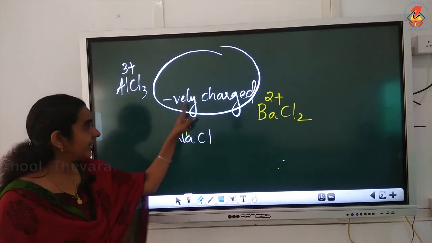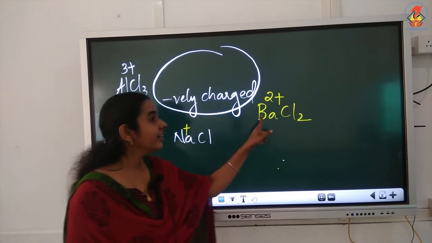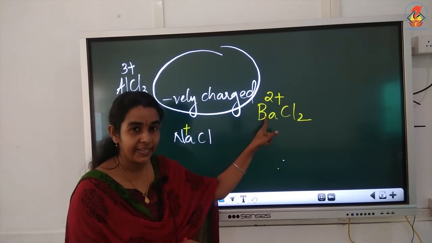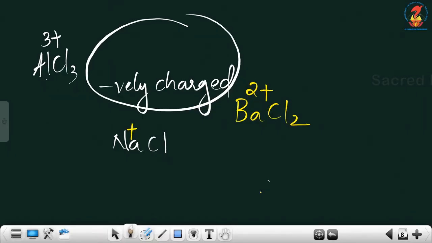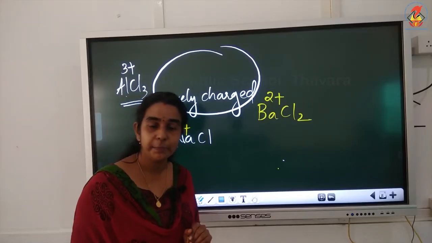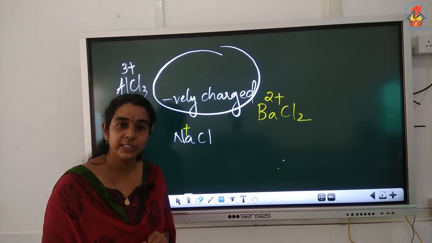So, here the negatively charged colloid is neutralized by Na+, here by Ba2+, and here by Al3+. Among these three electrolytes, the most efficient for coagulation is Al3+ or AlCl3. The reason is, the higher the charge, the higher the coagulation power. This is what is explained by the Hardy-Schulze rule.